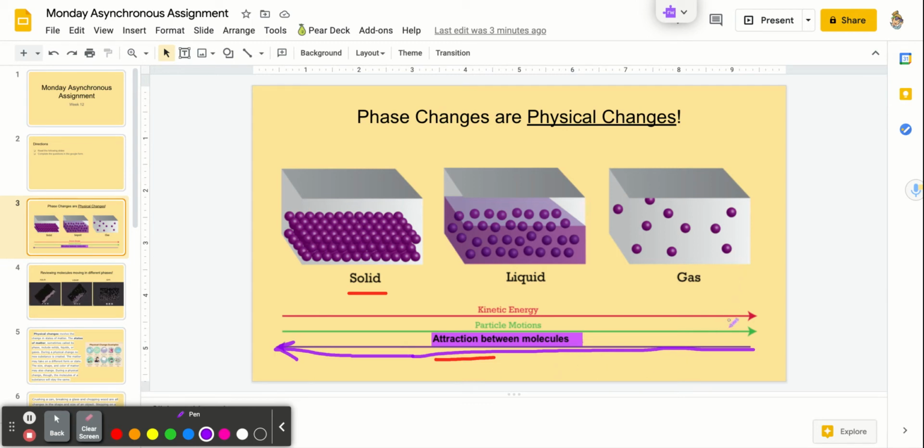And then gases have very low molecular attraction. So things that want to live in the gas phase are going to have very low molecular attraction because these particles are going to want to move around, or molecules. So particles and molecules are one and the same. So these molecules move around more in the gas phase, so they have low attraction, and these solids have high attraction, so they don't move around as much.